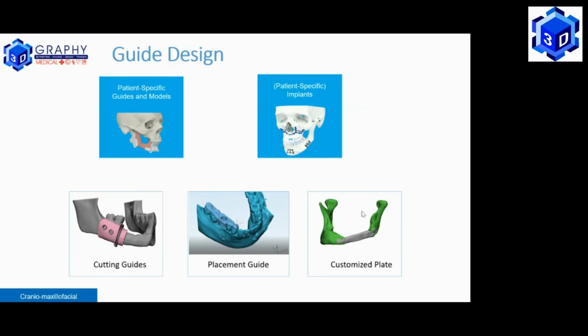Now, if and only if the surgeon or the hospital is really keen on having the guide design, having the autonomy to create the design, we also enable them. The software also enables them to have patient-specific guides and models, as well as patient-specific implants.